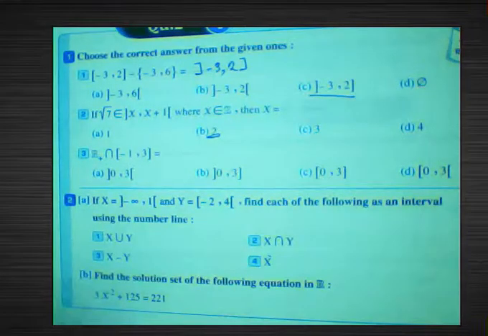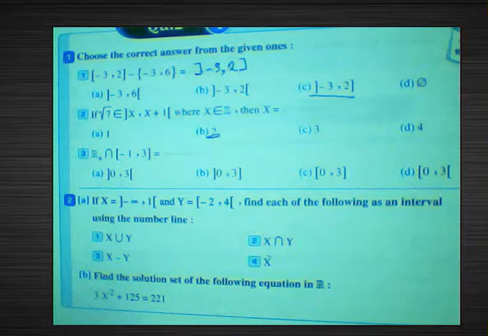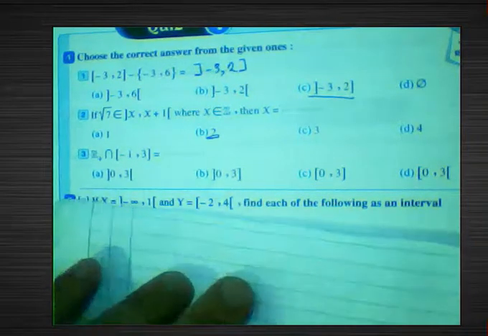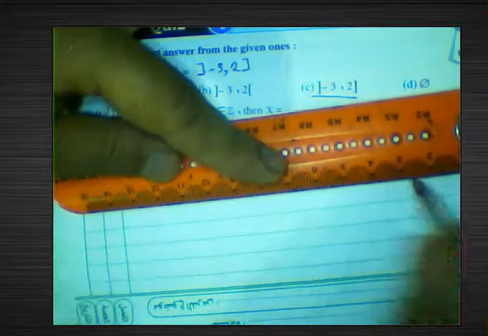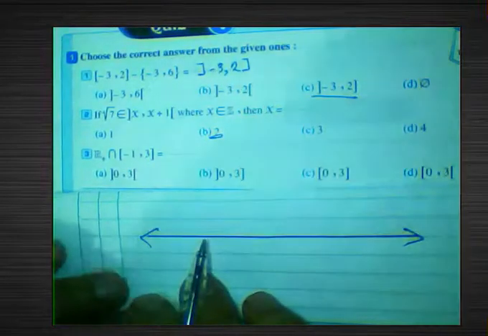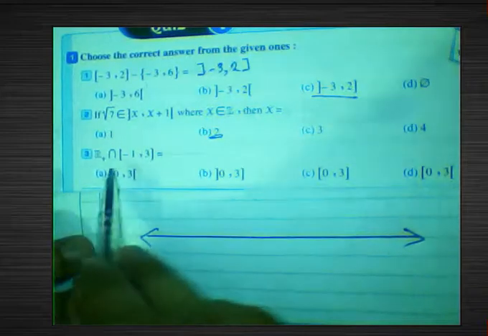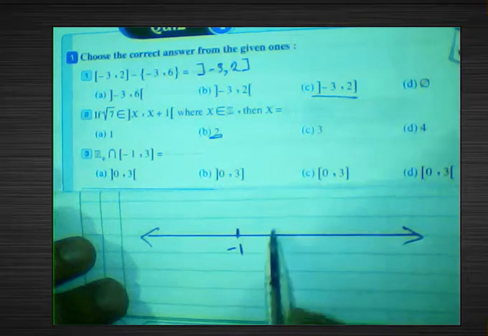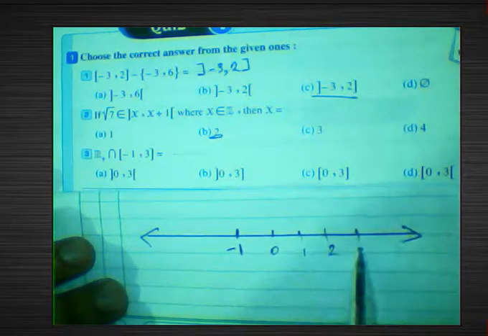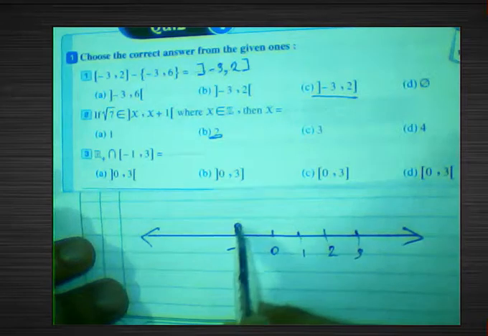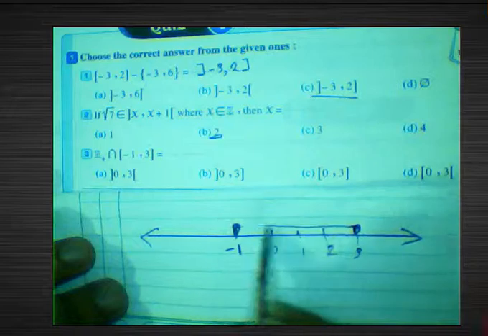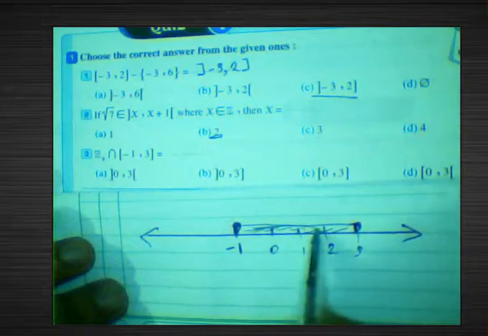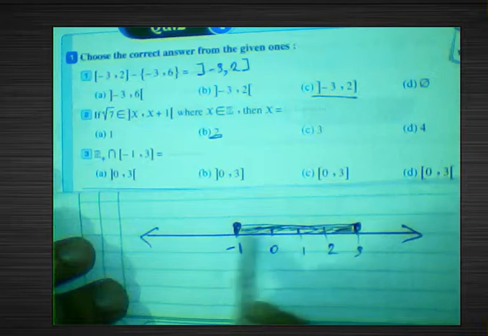We will solve it by using the number line method. We will draw a number line here. We want to find the intersection between two intervals: R positive and the interval -1 to 3. On the number line: -1, 0, 1, 2, 3. -1 closed, 3 closed, and we will color all numbers between -1 and 3.